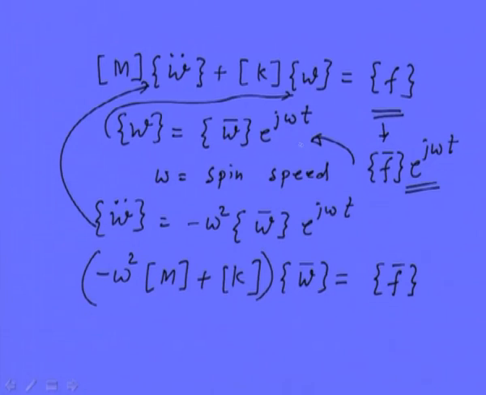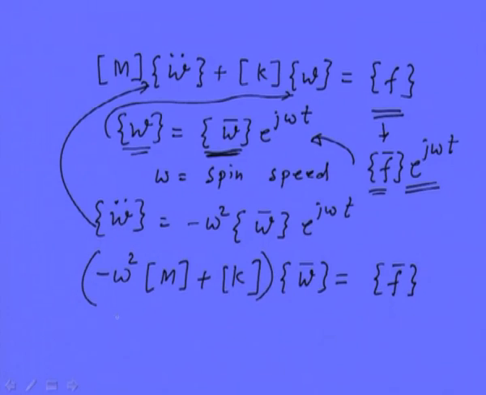Because for the present case there is no damping, the phase between the force and the displacement will be the same. But in case there is damping, then the phase information will be contained in this and it will be complex in nature; at present, because there is no damping, it will remain real.